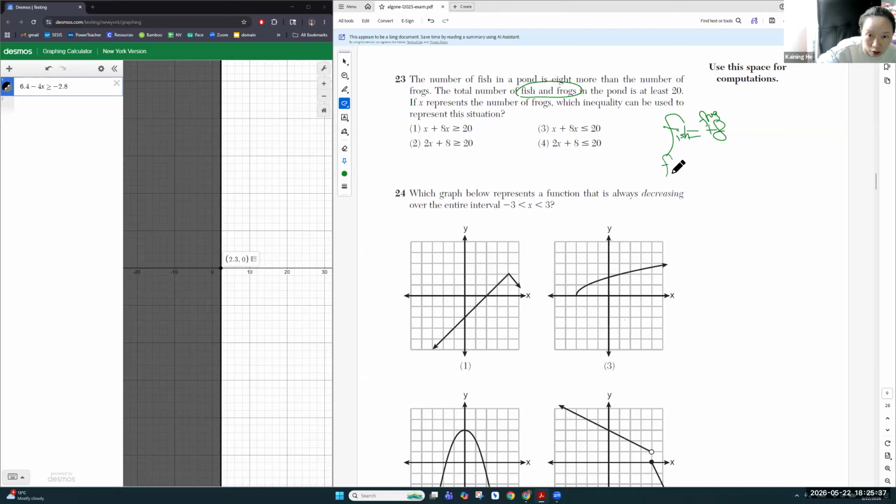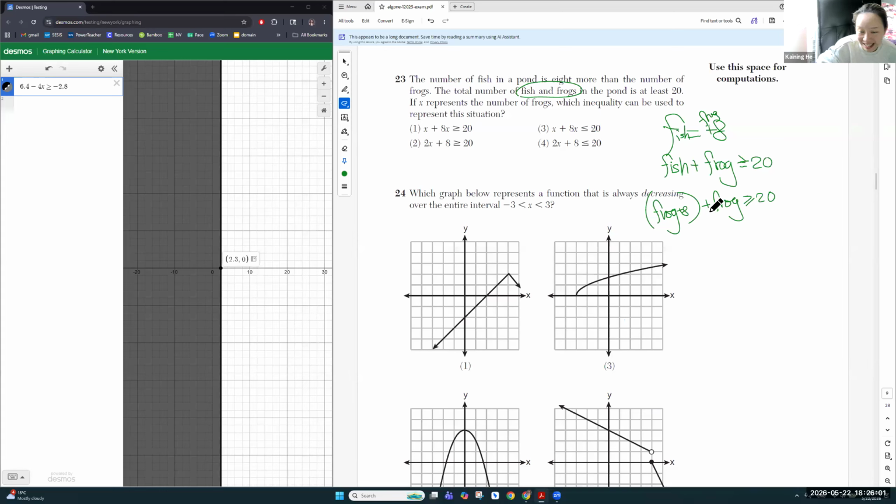So I'm going to have fish plus frog that equals what? At least 20. So does at least mean more than or less than? More. So more than or equal to 20. We know fish is frog plus 8. So in here, I'm going to have frog plus 8, and then plus frog, greater than or equal to 20.